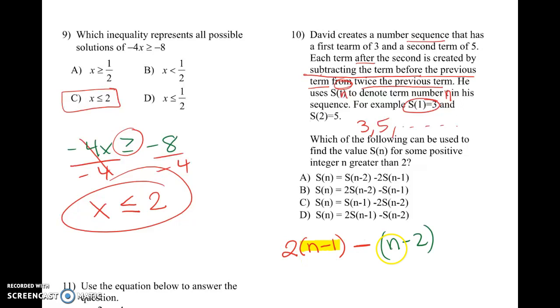So which one of these matches up with that? 2 n minus 2. Negative 2 s of n minus 1. No. No. No. It looks like D. Answer choice D.